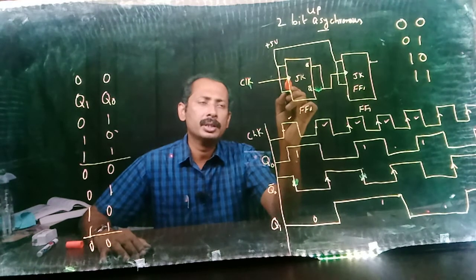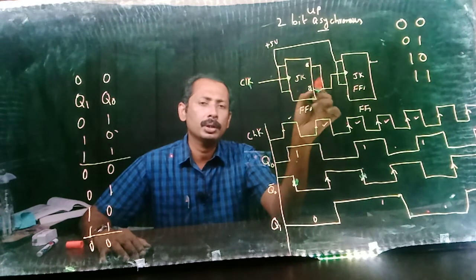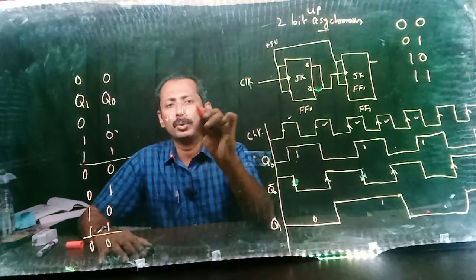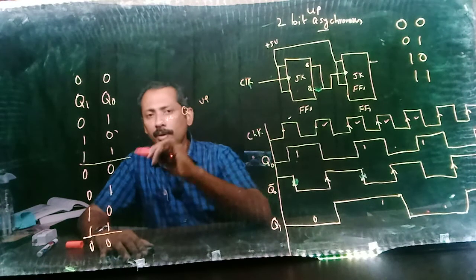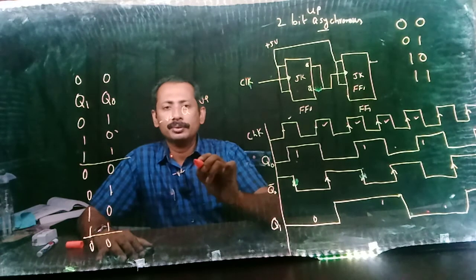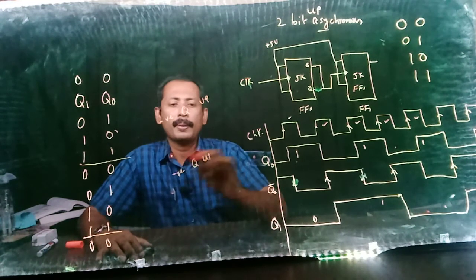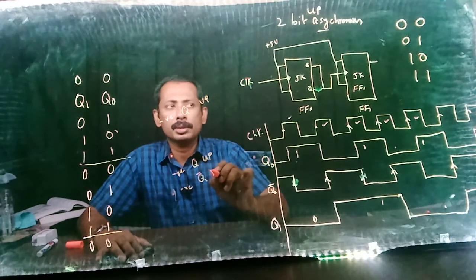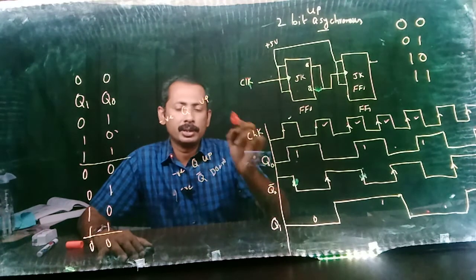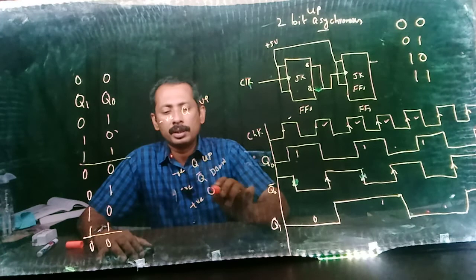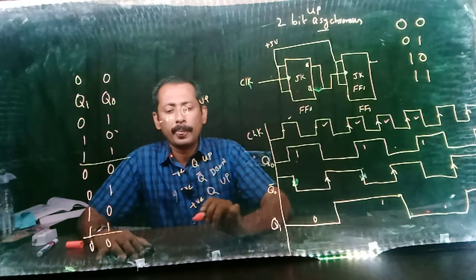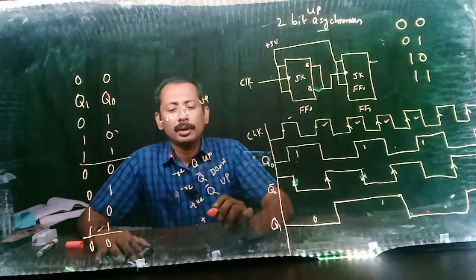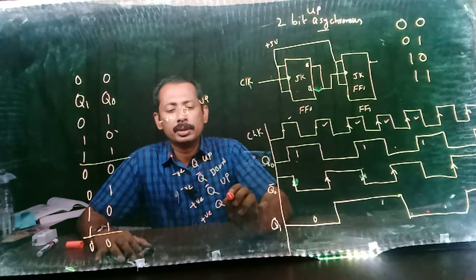So negative edge triggered with connection from Q is an up counter. Negative edge triggered with connection from Q bar is a down counter. Positive edge triggered with connection from Q bar is an up counter, and positive edge triggered with connection from Q is a down counter.